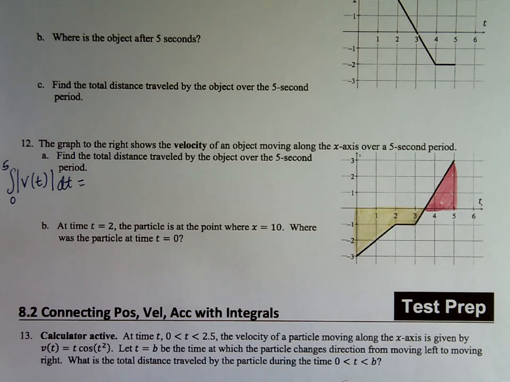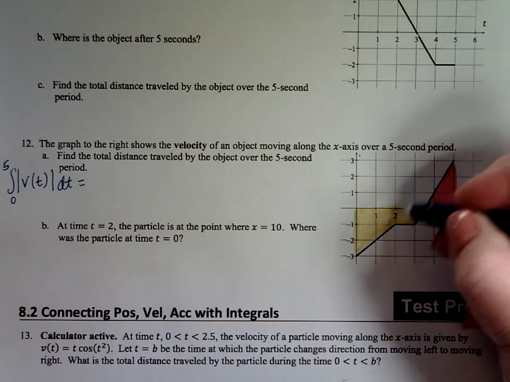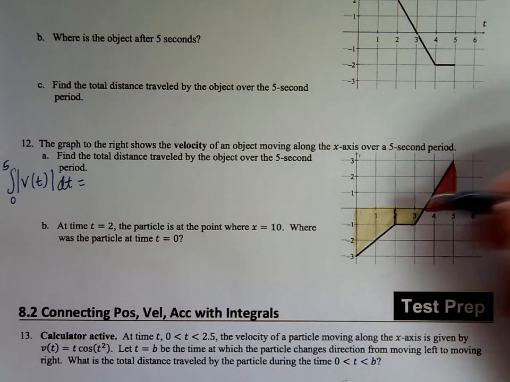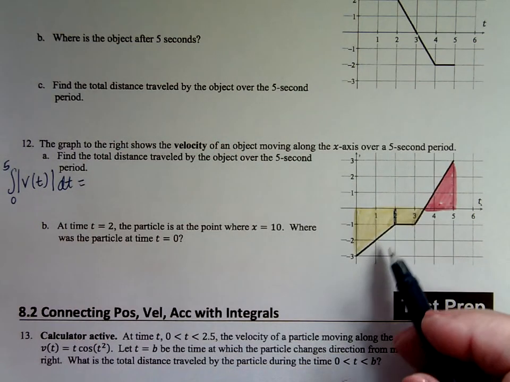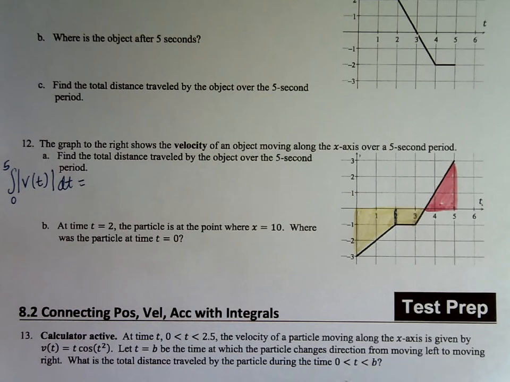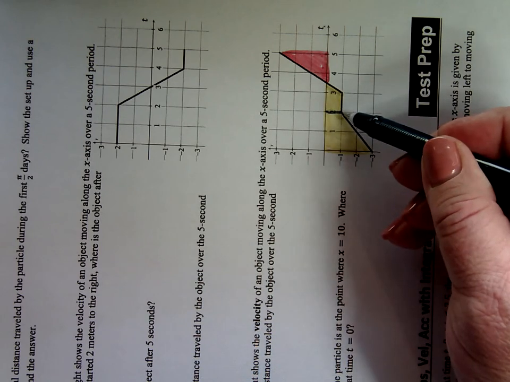So I'm going to choose a trapezoid here. Let's do that first. So my area of a trapezoid, and this trapezoid is kind of funky because it's sideways, so you almost need to look at it this way. My bases are 3 and 1, and the height is 2.